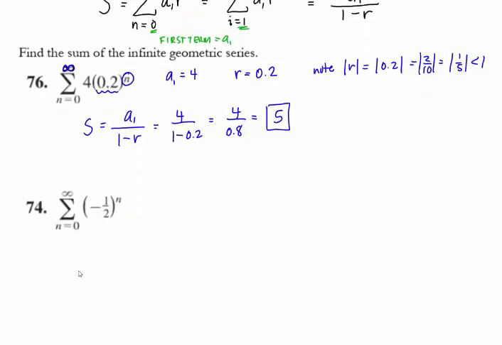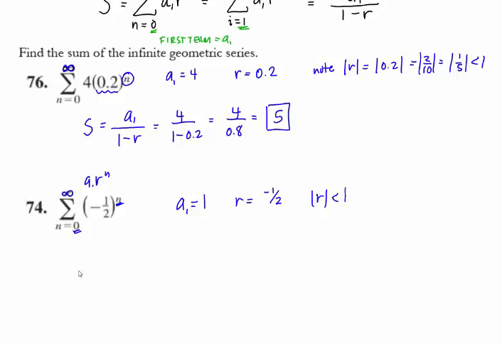For 74, again, it's an infinite series. It has the general picture that it's a1 times r to the n. n starts at 0, so when n is 0, the first term, a1, is 1. The common ratio r is negative 1/2. Excuse me, the absolute value of this common ratio is less than 1.